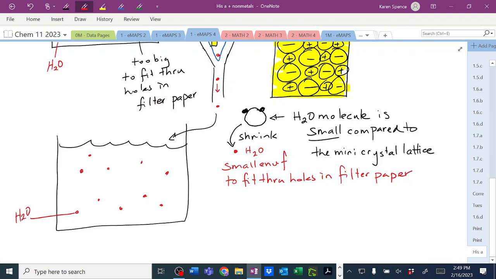But is water the only thing that is in that filtrate? Remember, the filtrate is the solution that is left after filtering.